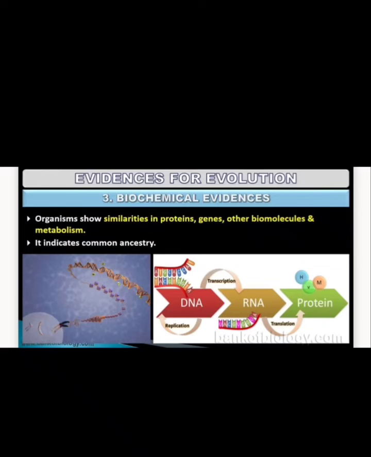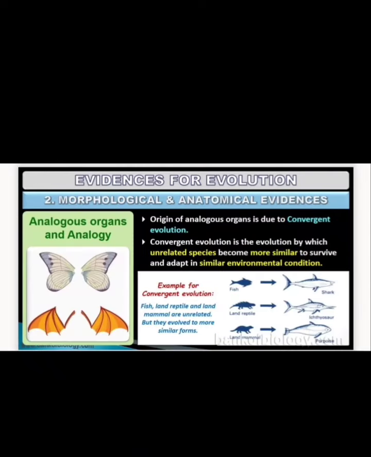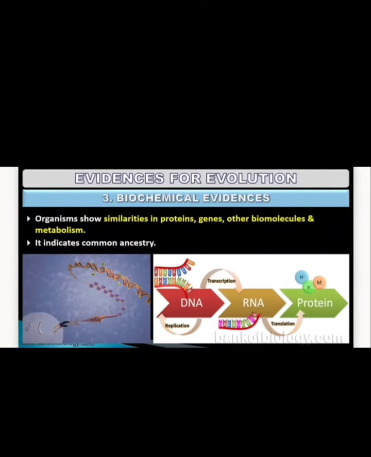Now biochemical evidences. We have seen morphological and anatomical evidences, and from those we can study how organisms have evolved. Now, organisms show similarities in proteins, genes and other biomolecules and metabolism.